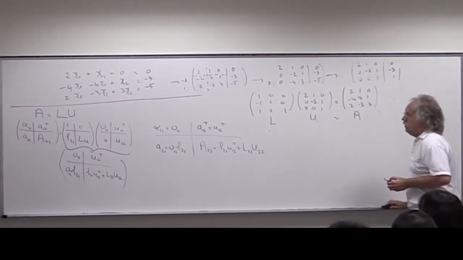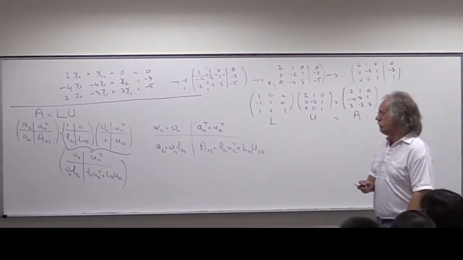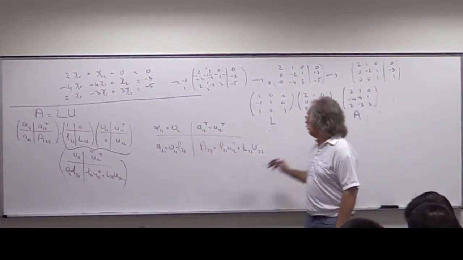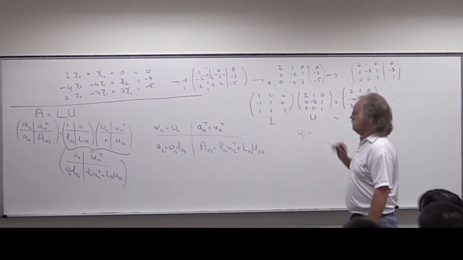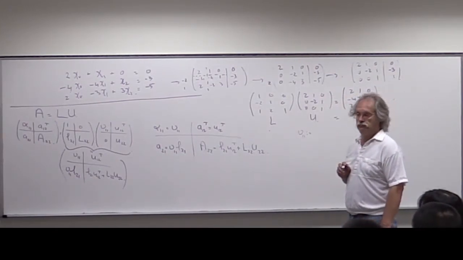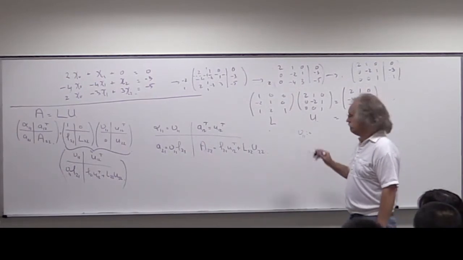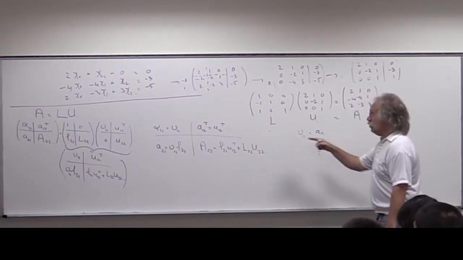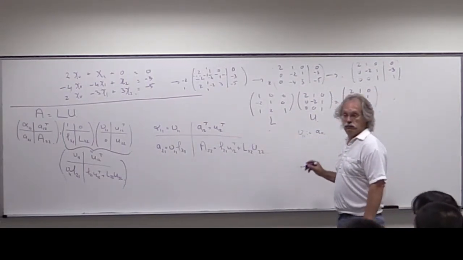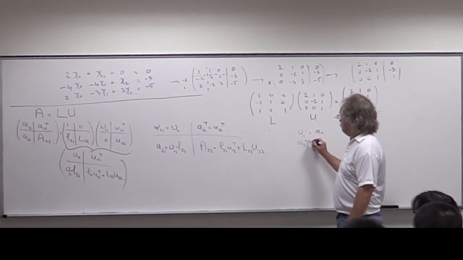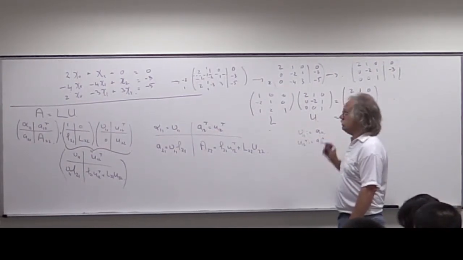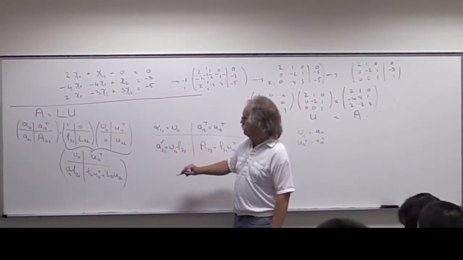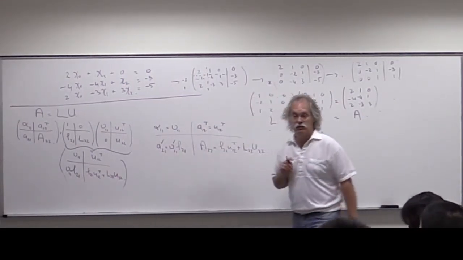And bingo! The first step of the algorithm stares you right in the face, because how do we compute epsilon 1,1? That's just alpha 1,1. How do we compute U12? That's just A12 transpose. Now, by the time we get here, we know what A21 is and we know what epsilon 1,1 is.